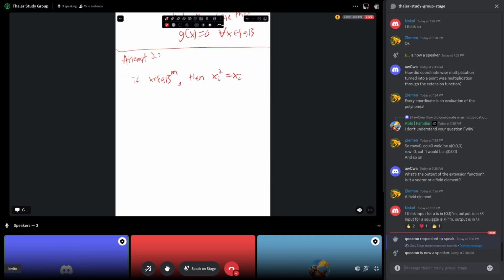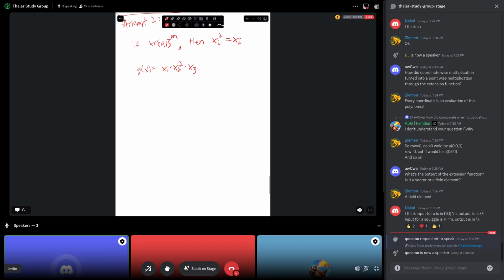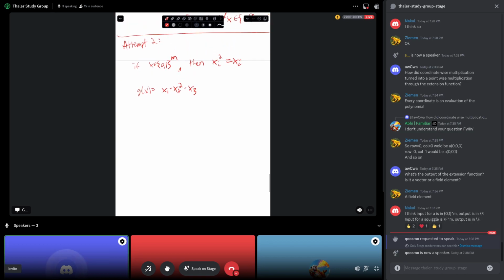So what you're observing, and I'm just summarizing your observation for the group at large, is that imagine g of x were x1 times x2 squared times x3. The observation is, if I just replace x2 squared with x2, so let h of x equal x1 times x2 times x3, I do not change G's evaluations at all over the hypercube.